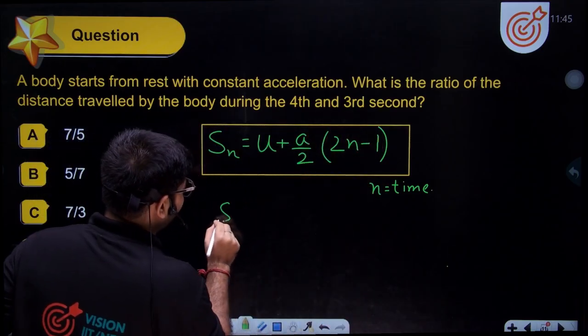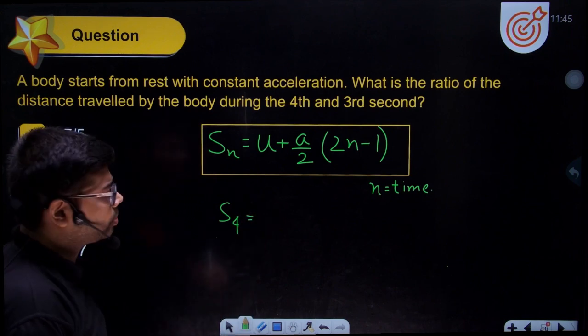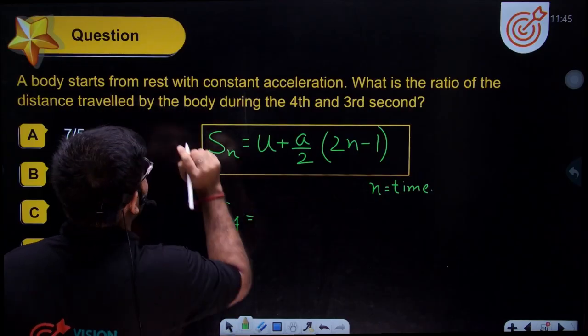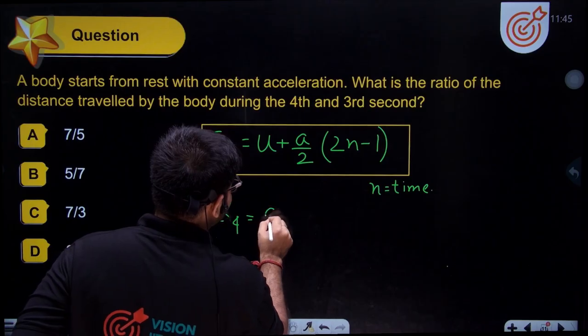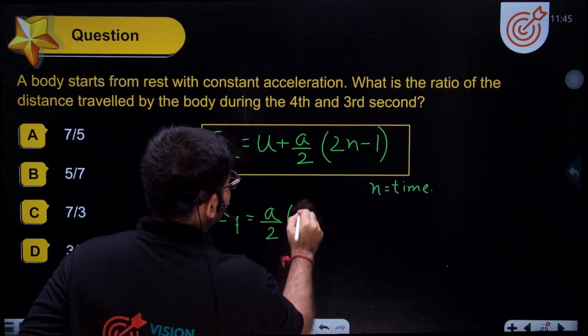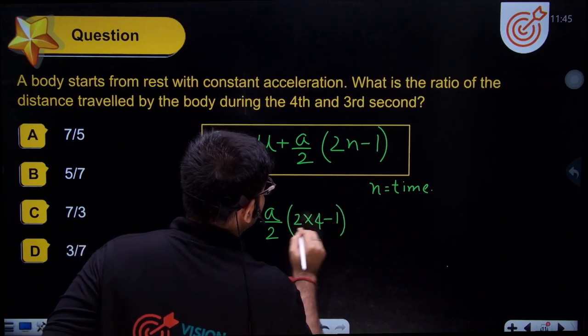So S4, what is it going to be? u is equal to 0, the body has started from rest, and it has constant acceleration. So let us take a/2, this is constant, into 2 into 4 minus 1.